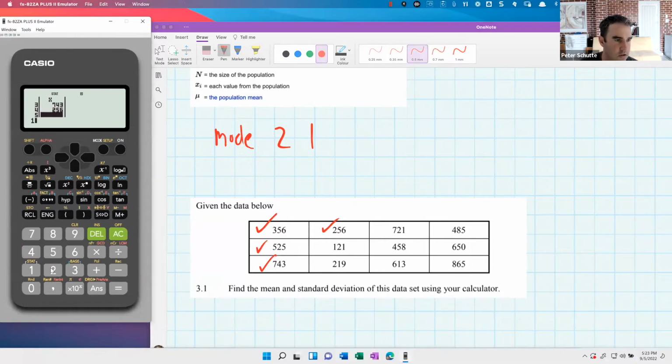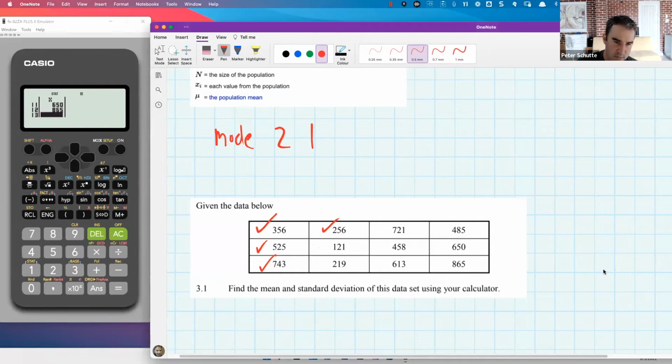And 121 equals, 219 equals, 2, equals, 865 equals. So I should have 12 items that are in my calculator's memory.